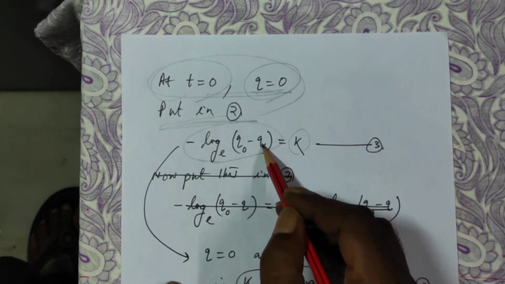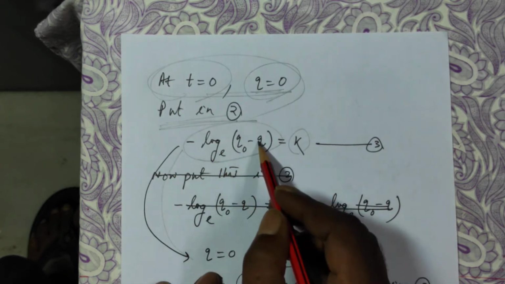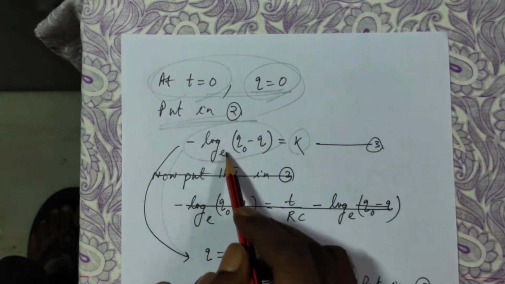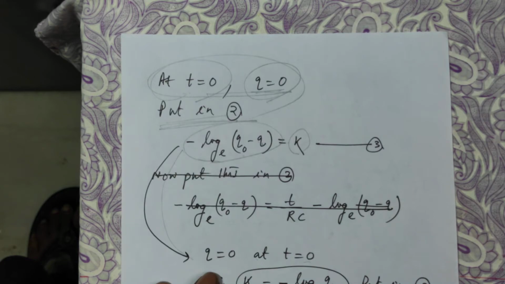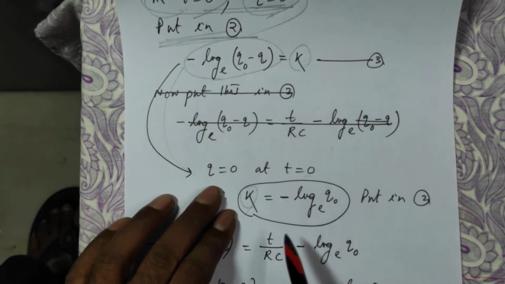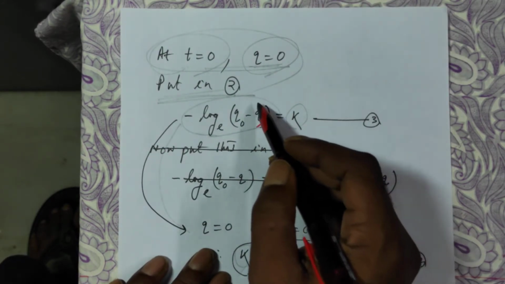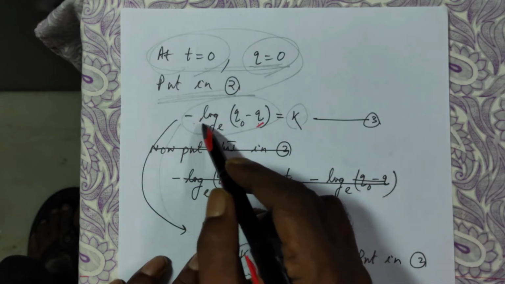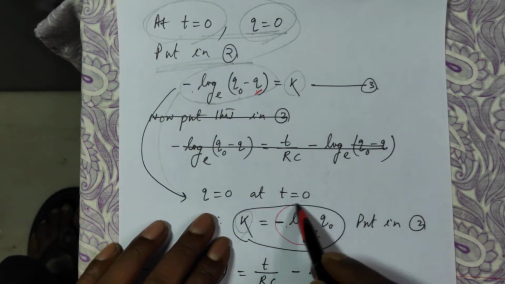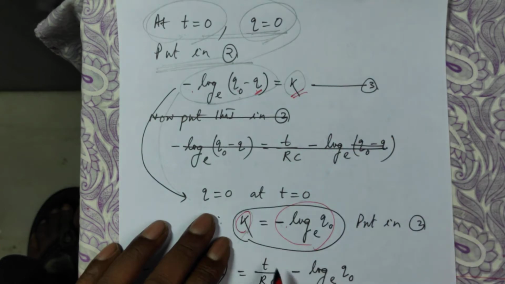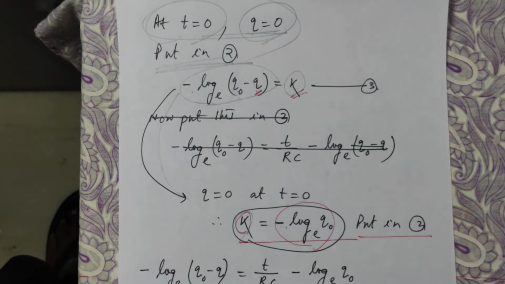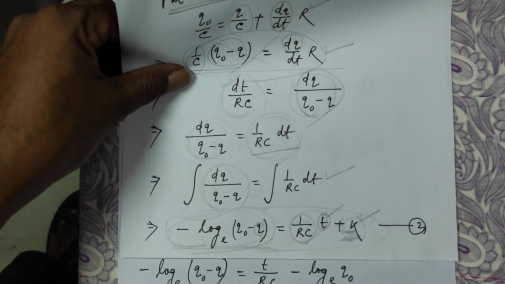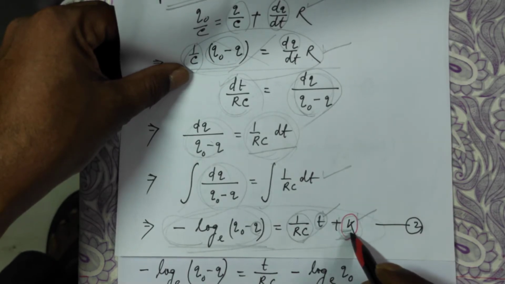Now I have to put q is equal to 0 here also, because at t is equal to 0, this becomes minus log q naught. On the left side I am left with k, so minus log q naught is equal to k. This is the value of k. Now put this value of k, the integration constant, in equation 2.